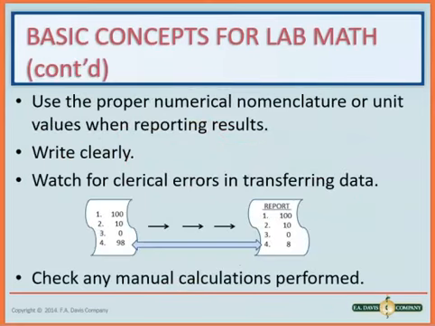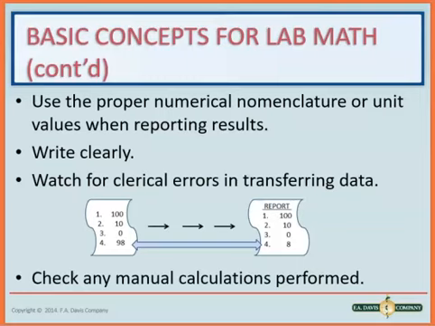Okay, some other basic concepts for lab math that you need to be aware of is that you need to use proper numerical nomenclature or unit values when reporting out results. For example, when you're writing patient results down, you need to make sure to include the unit of measurement with it.